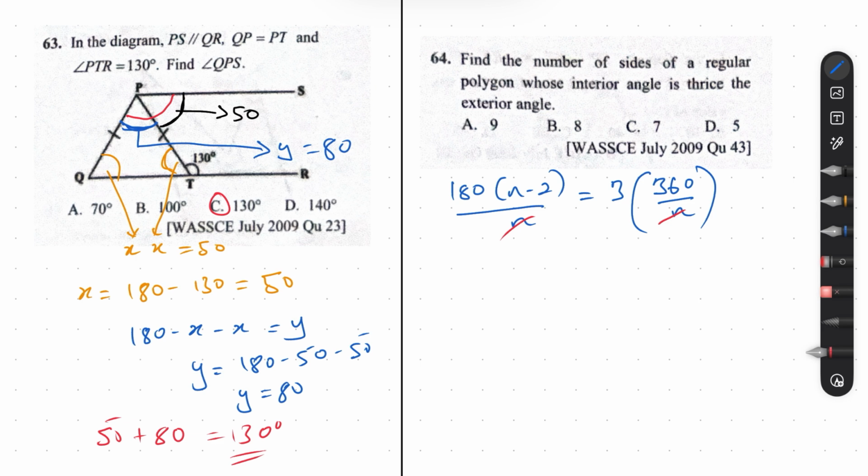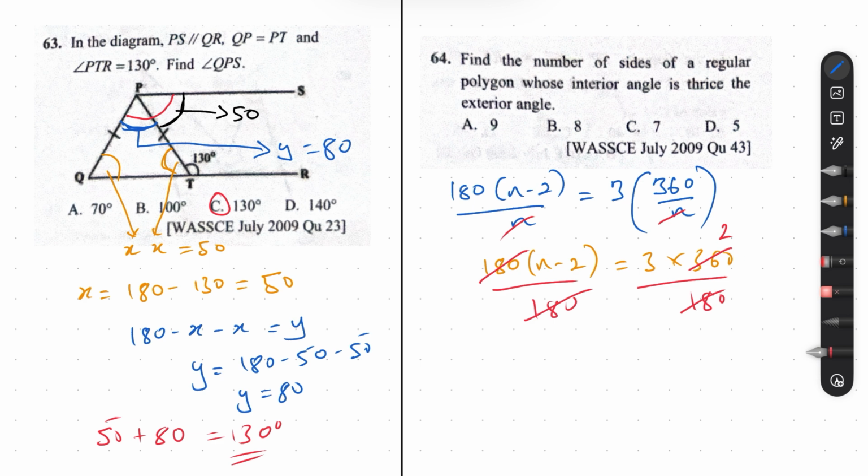So we would have 180 times n minus 2 is equal to 3 times 360. We can divide both sides by 180. Now 180 can cancel 360 twice.